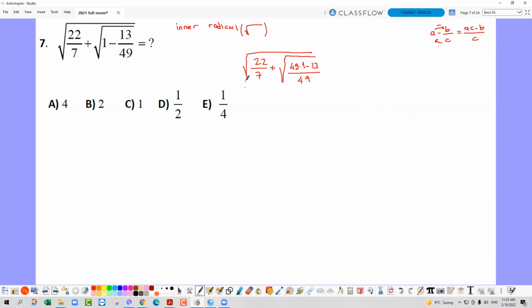So the answer is equal to 22 over 7 plus root of 49 minus 13. 49 times 1 is 49, minus 13, it's going to be equal to 36 divided by 49.